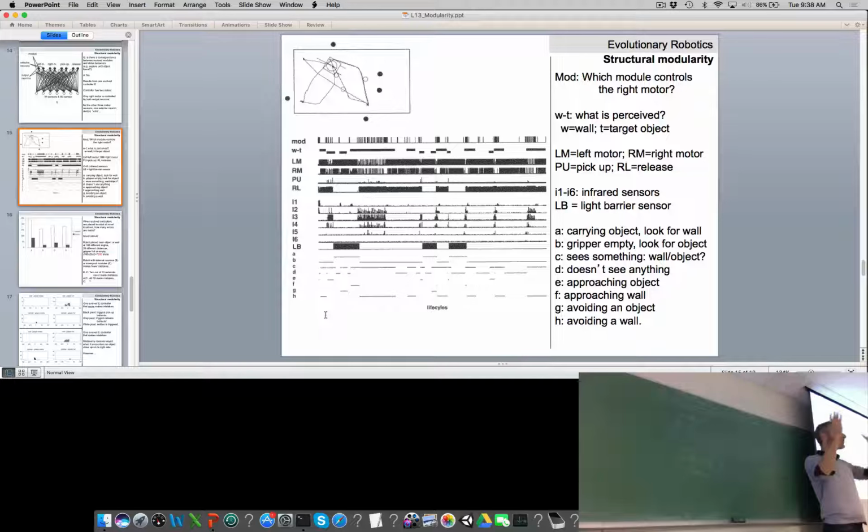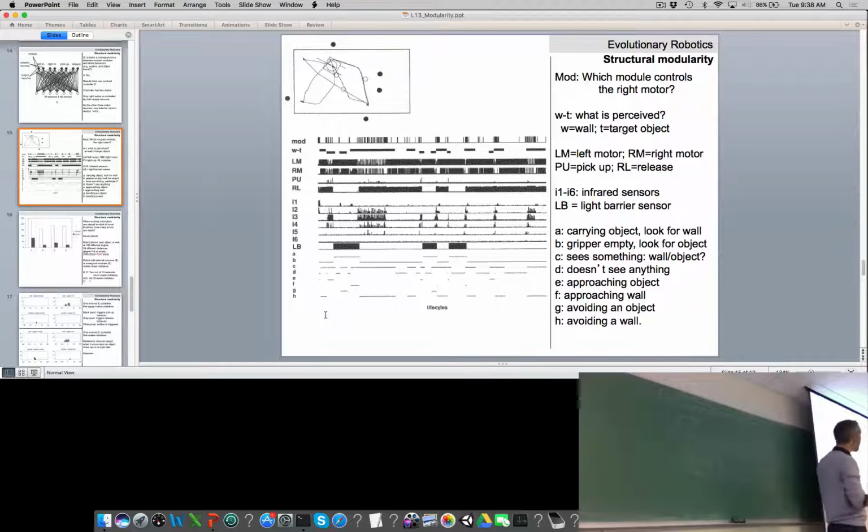And because this is an embodied agent, remember this is one of the unavoidable consequences of being an embodied agent. The moment you suddenly change how you're moving, what else changes? What you perceive, right? So suddenly the sensor values might change. The sensor values are flowing up the synapses to the left motor.